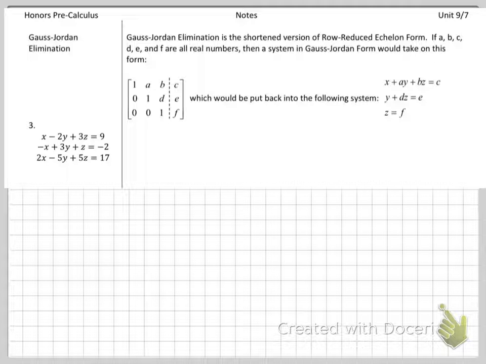This page is for you to practice doing it by hand. We've already learned what's on this page. I want you to practice doing your Gaussian elimination by hand. So, take your system and put it into an augmented matrix.